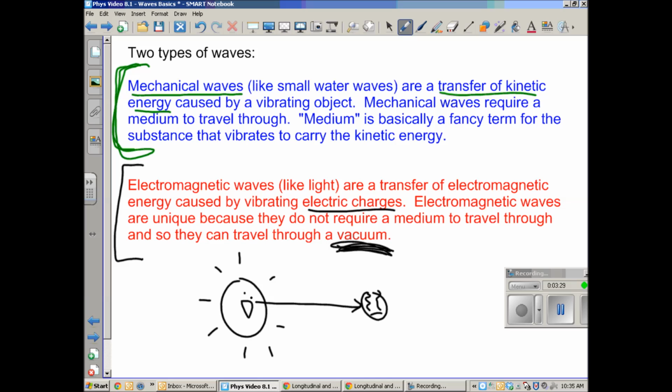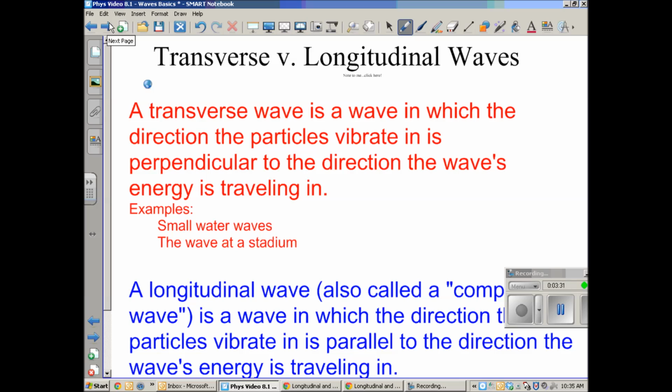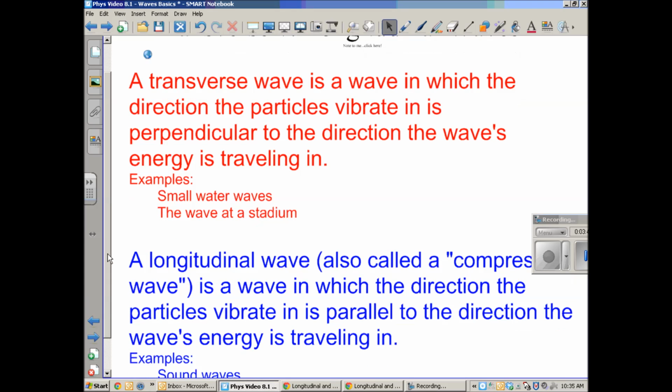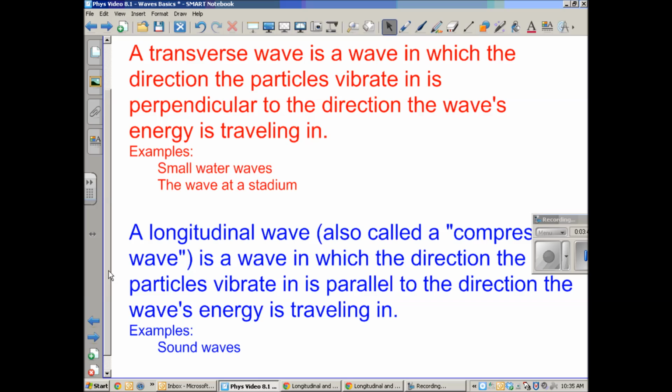So within mechanical waves, there are two types. There are transverse and longitudinal waves. These definitions should hopefully look relatively familiar. A transverse wave is a wave in which the direction the particles vibrate is perpendicular to the direction the wave's energy is traveling.